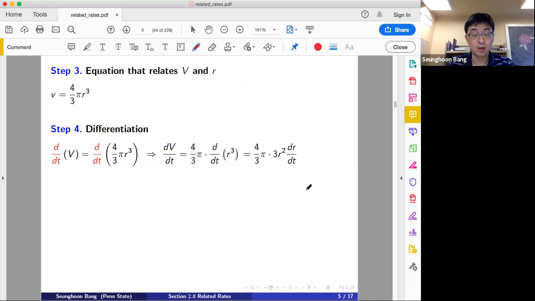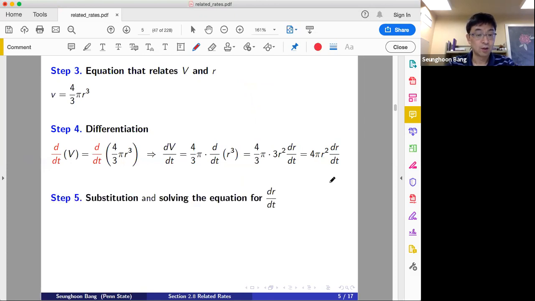Really be careful. Next, cross out the 3, and we get 4 pi r squared dr over dt. Next, substitute and solve the equation for dr over dt. From here, we have to solve this equation for dr over dt: dV over dt equals 4 pi r squared dr over dt.